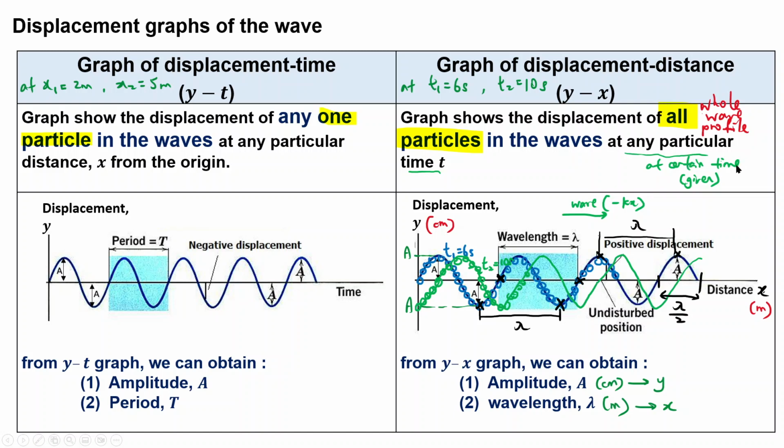Earlier it was at a certain time; this one is at a certain distance. Given x. Earlier we were given t, now we are given x. Maybe x equal to 2 meter or x equal to 5 meter.